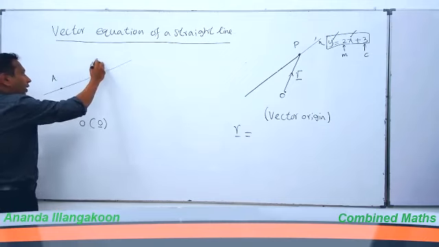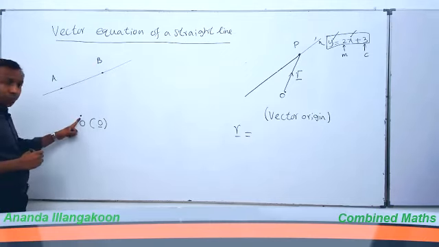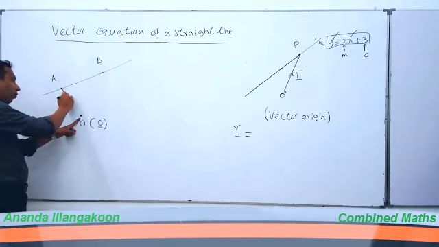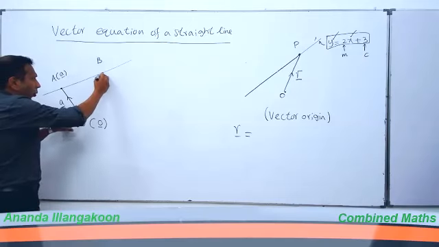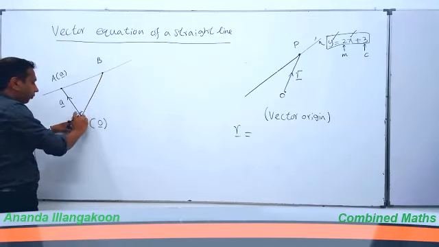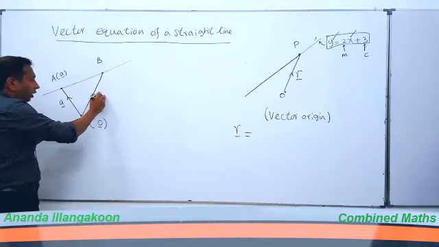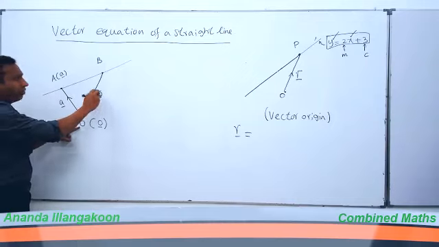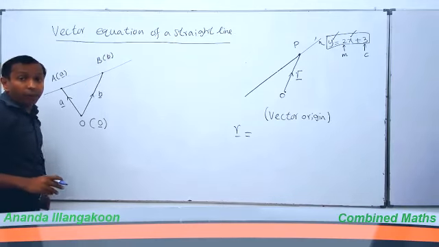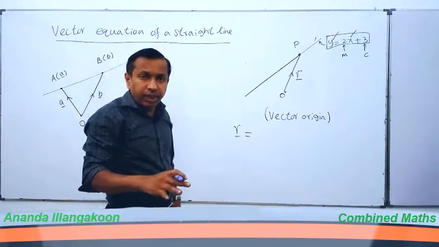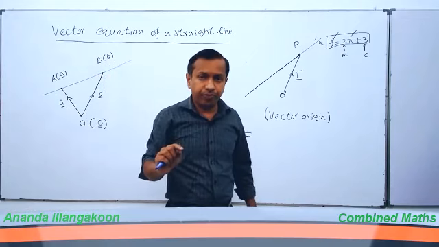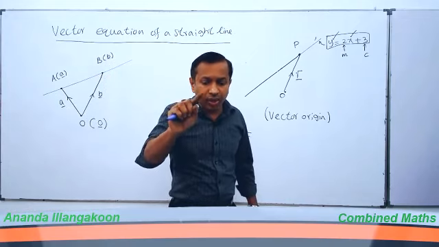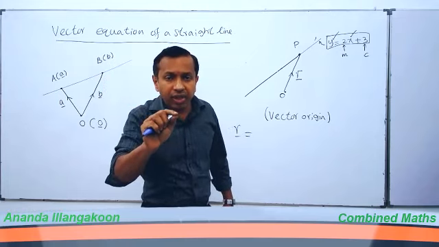Suppose the first point is A, the other point is B. Relative to this O, suppose the position vector of point A is simply vector a, which we can write like this. OB vector: I'm going to take the position vector of B as simply vector b. Now our straight line is passing through two points, capital A and capital B. The position vectors of capital A and capital B are vector a and vector b.